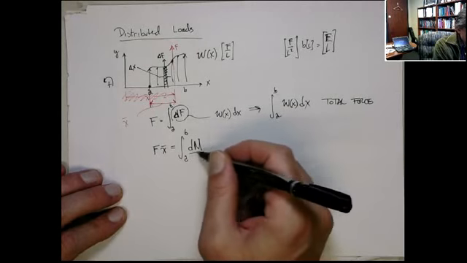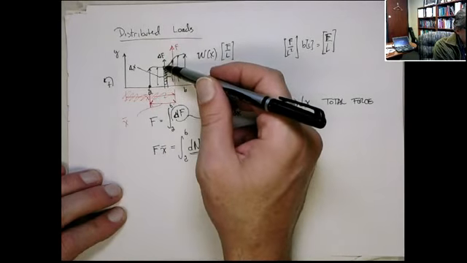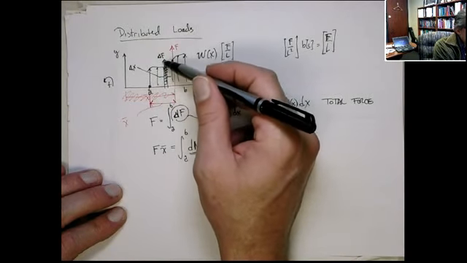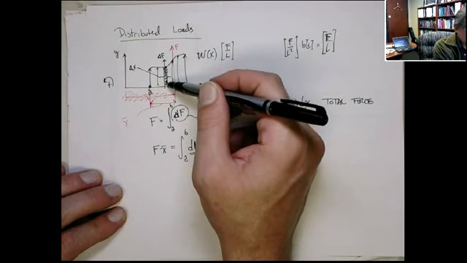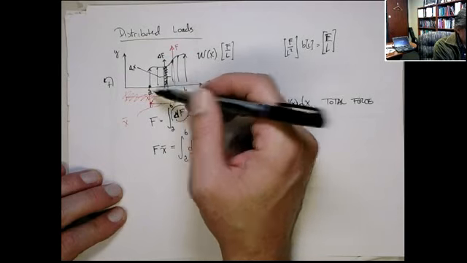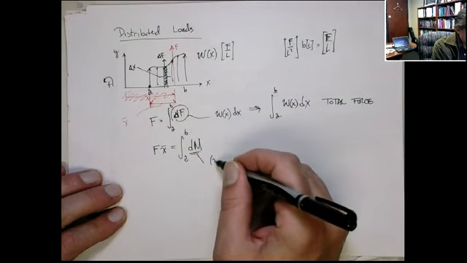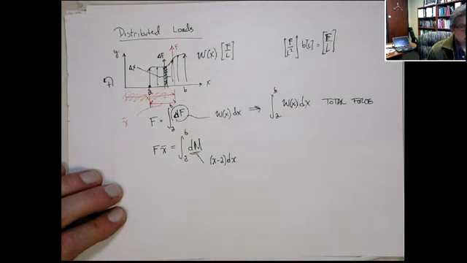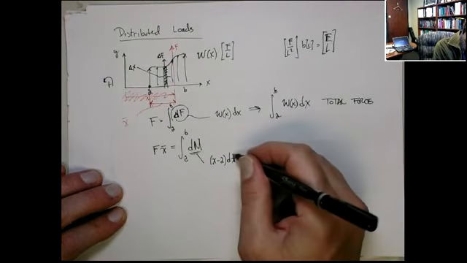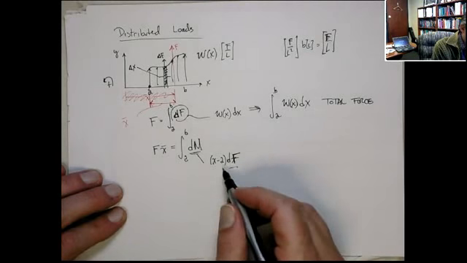Now this distributed moment: dF, this little differential force from this little differential element, produces a moment around A of (x minus A) dF. So here's the differential force and its moment arm.